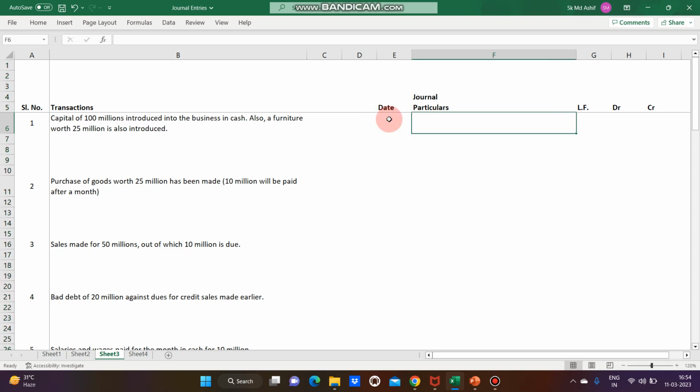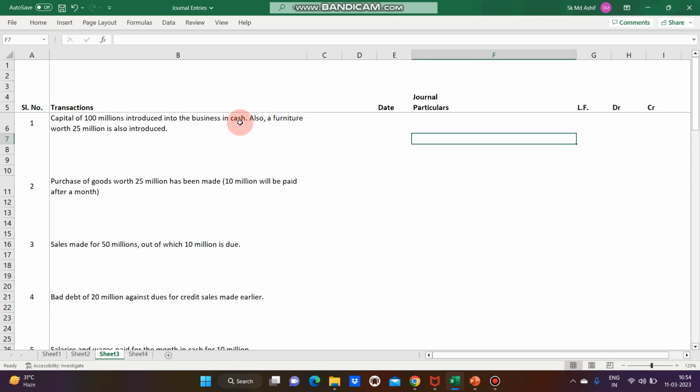So let's start with the first transaction. Here it says capital of 100 millions introduced into the business in cash. So there are two sides here, capital and cash. Cash is increasing as well as capital. Cash is an asset account. So as per the rules, any asset account, if it increases, should be debited.